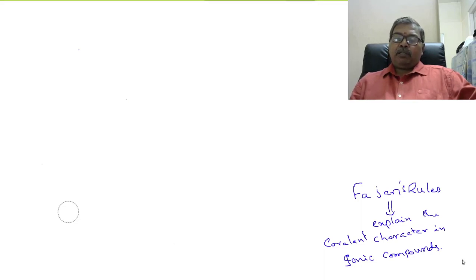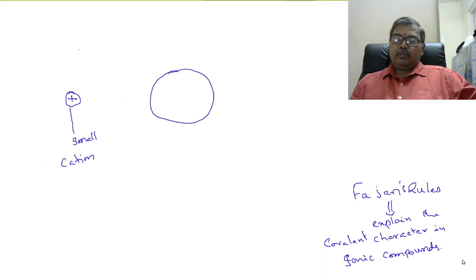See, for example, this is a smaller cation and a large anion.